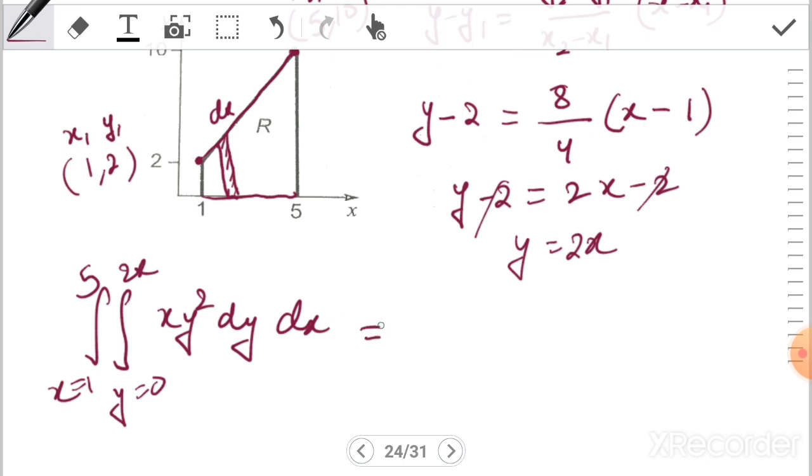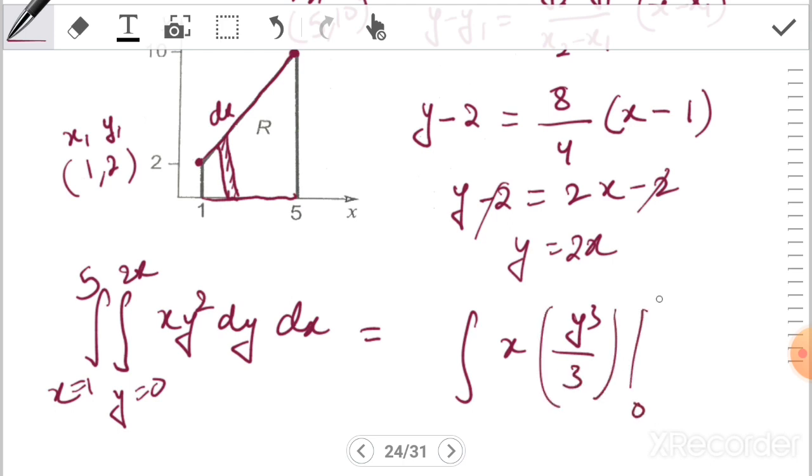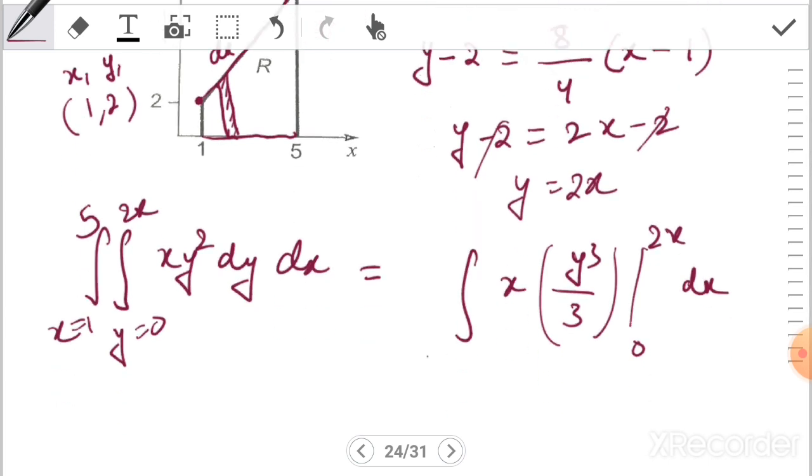So again, let us integrate this with respect to y first. So x y cube by 3, from 0 to 2x, dx, with x from 1 to 5.